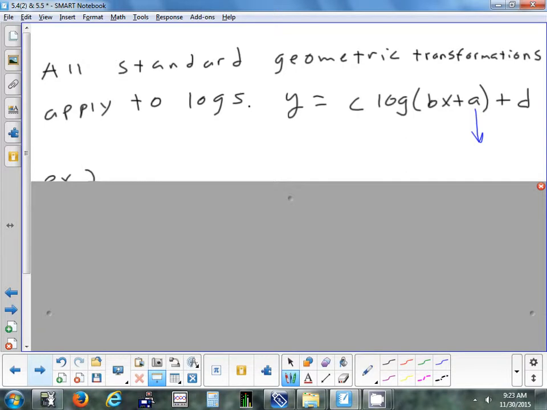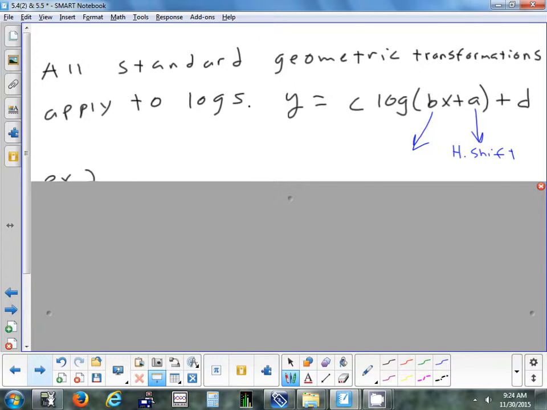What does adding or subtracting do inside your function? Which way does that stretch it or shift it? That's your horizontal shift. Yep. How about putting a number in front of x? Horizontal stretch. That's your horizontal stretch.